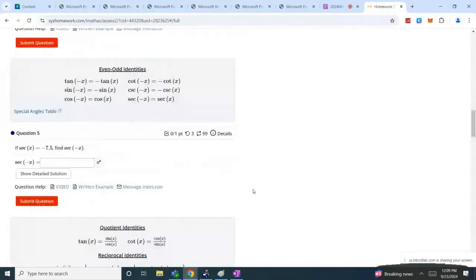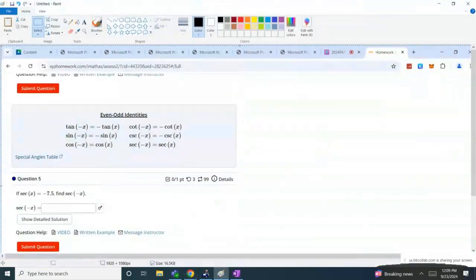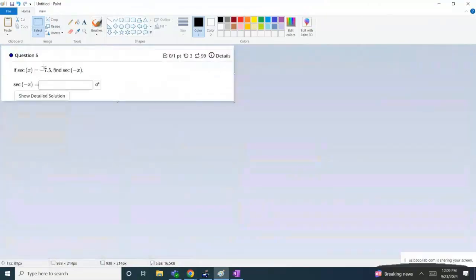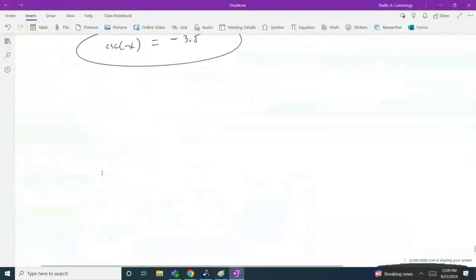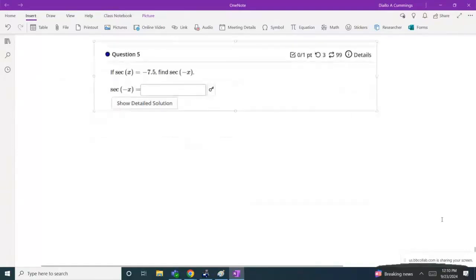Secant. All right, so we're going to do the same thing. If the secant of x is equal to negative 7.5, find the secant of negative x.